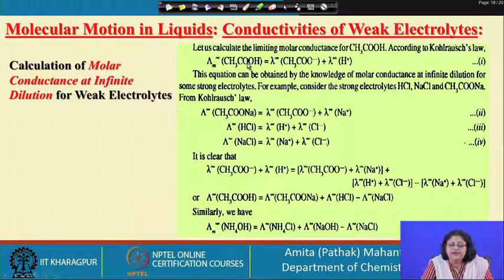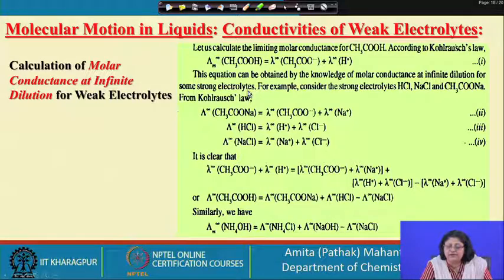We can theoretically imagine them to be completely dissociated. So, this is the infinite dilution of the acetic acid. What is the value of lambda? It is equal to the lambda at infinite dilution for the acetate ion plus the lambda value of H plus at infinite dilution. This equation can be obtained from the knowledge of molar conductance at infinite dilution for the strong electrolytes.